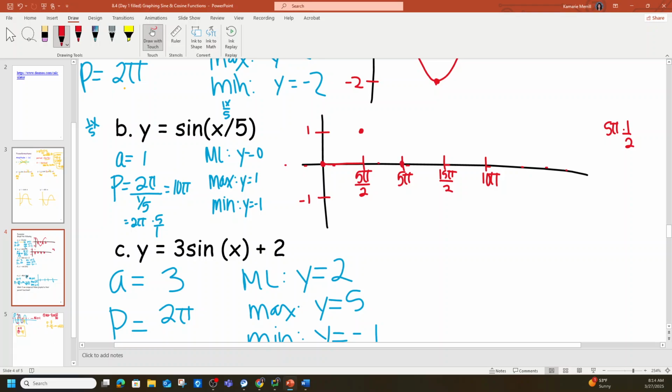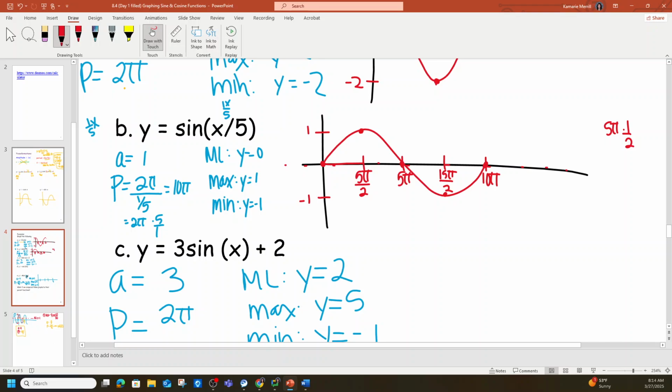Cross the midline. What's going to happen 3/4 of the way? Reaches a min, and then ends. You guys are expected to reach your maxes and mins and cross your midlines in the proper part on those 5 key points, and then you'll get your full function graph. I think on the test these graphs are like 5 points, so I want you guys to really have them down. Okay.